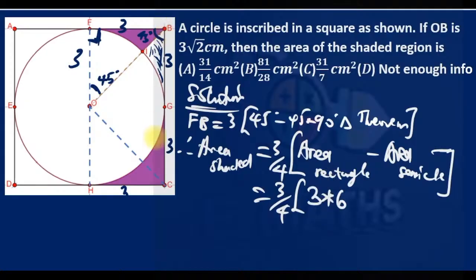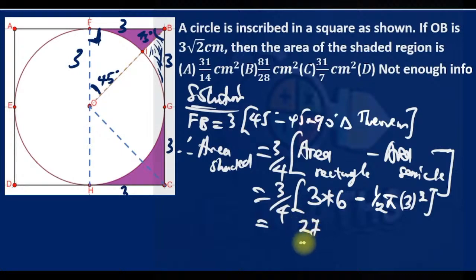That's 3 times 6, minus the area of a semicircle, which is half pi r squared, and the radius is 3, so 3 squared. So this is now 2 and this is 3, so 3 times 3 is 9, 9 times 3 is 27.